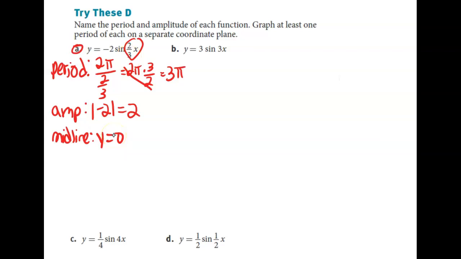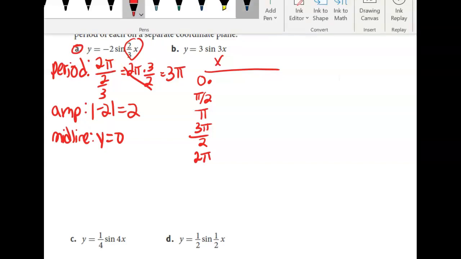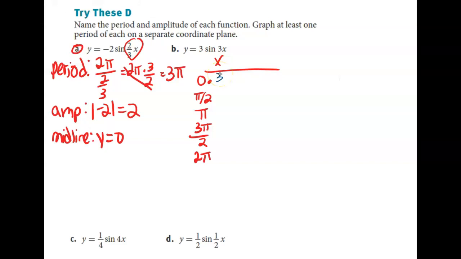So here we go. Let's get our points. Our x values, we have our quadrantal angles: 0, pi over 2, pi, 3 pi over 2, 2 pi. And we are dividing by 2/3, which is multiplying by the reciprocal 3/2. So maybe I'll do that in a different color just to make it very clear.